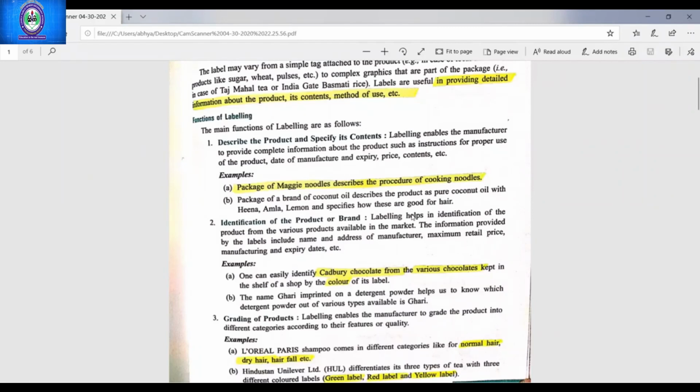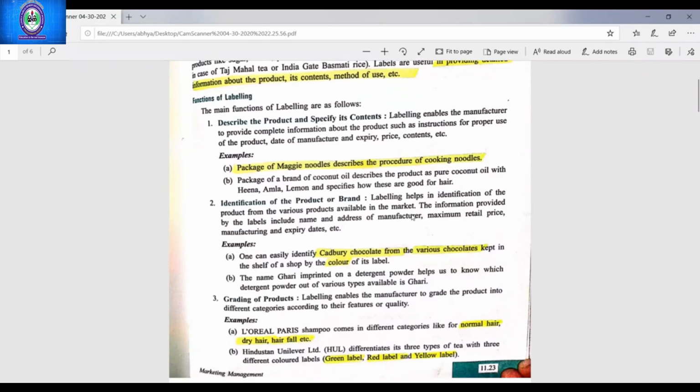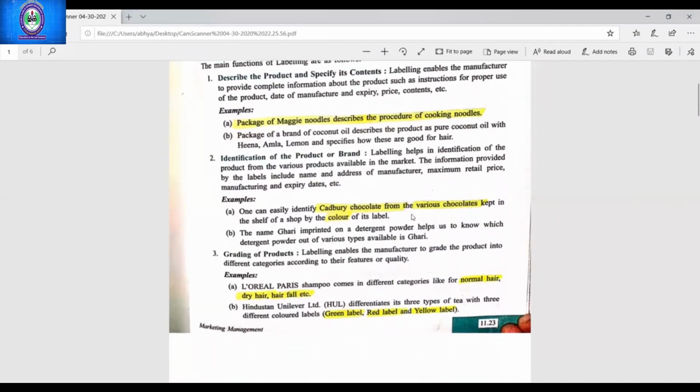Suppose all the chocolates come in a blue color package, then how will you be able to identify the Cadbury chocolate, that this particular chocolate is Cadbury chocolate or this is from any other brand, because everything is mentioned on the product. So we can easily identify the Cadbury chocolate from the various chocolates kept on the shelf of a shop by the color of its label, because Cadbury chocolate comes in a purple color label.